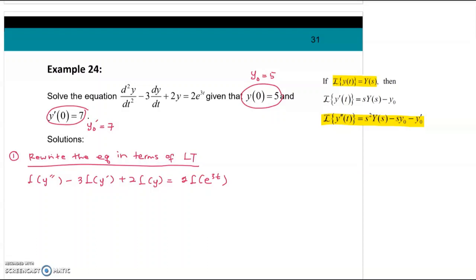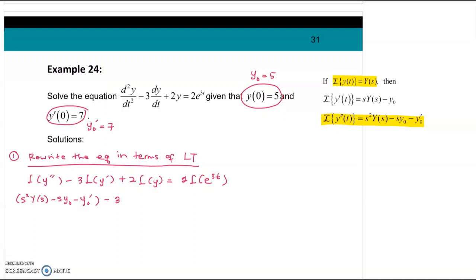And then replace the Laplace of y double prime to be this one, and Laplace of y prime to be this, and Laplace of y to be ys. So we have here s squared ys minus s y naught minus y naught prime. So that is Laplace of y double prime, minus 3.